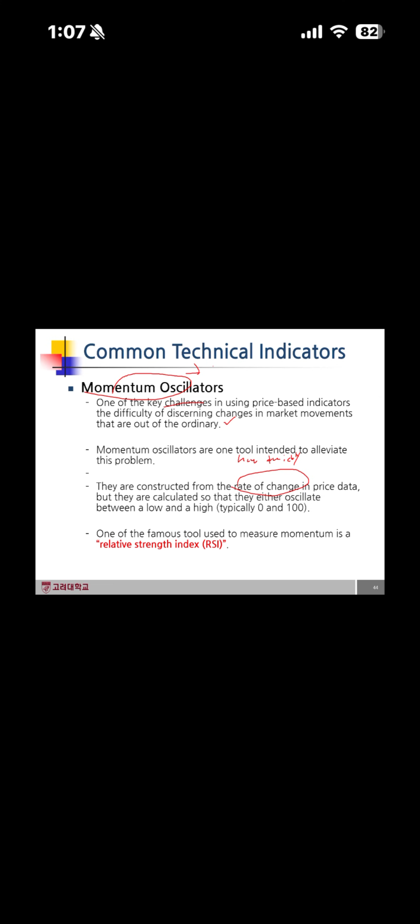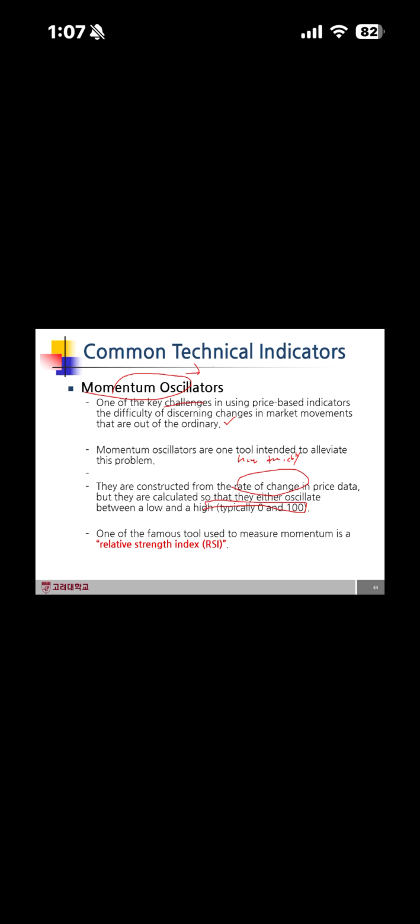So momentum oscillators are usually scaled, so their values oscillate within a fixed range, typically between 0 and 100. Because this indicator moves within this range, it becomes easier to identify extreme conditions, such as when price may have risen too quickly or fallen too rapidly.